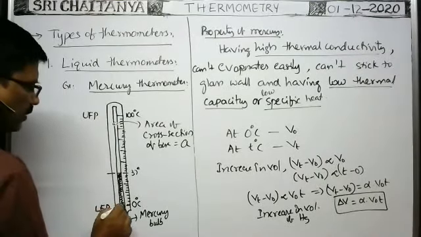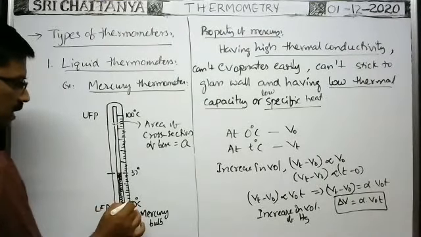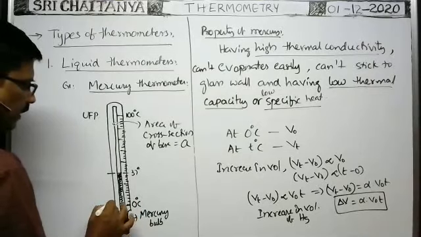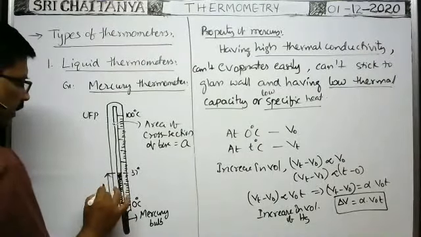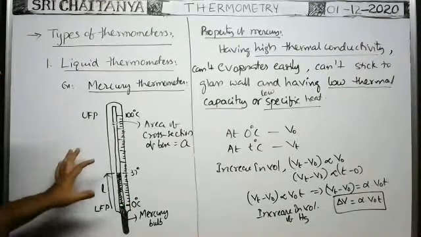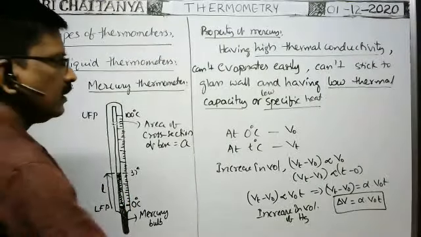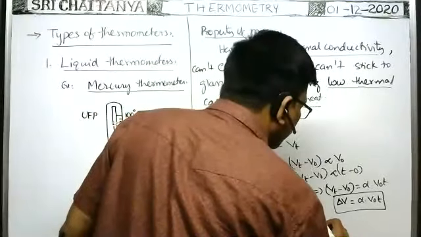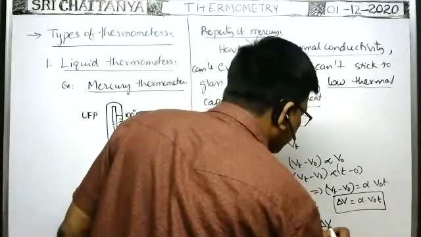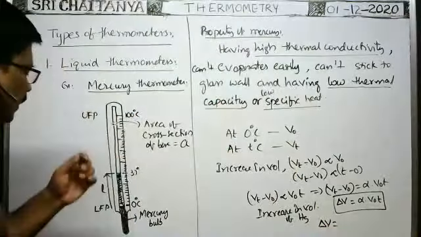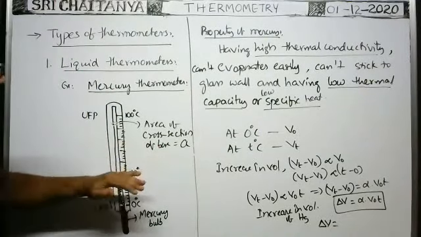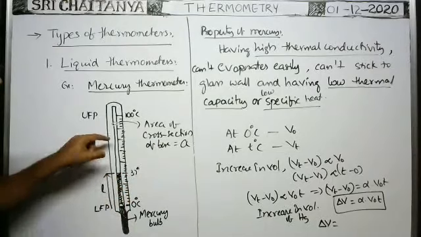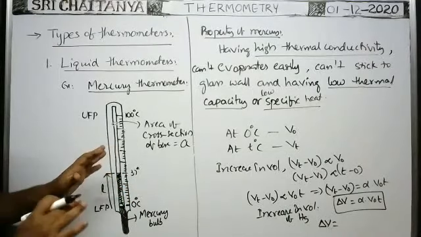Length of the mercury column means from 0 degrees centigrade, because the lowest point is 0. So from 0 degrees centigrade, this is the length of the mercury column that rises in this thermometer. Okay, this increase in volume: the area of cross section of the bore in the thermometer does not change considerably due to change of temperature.